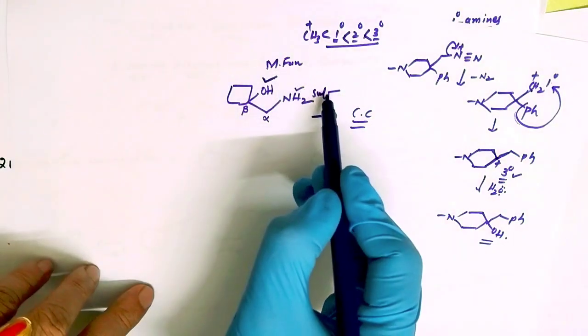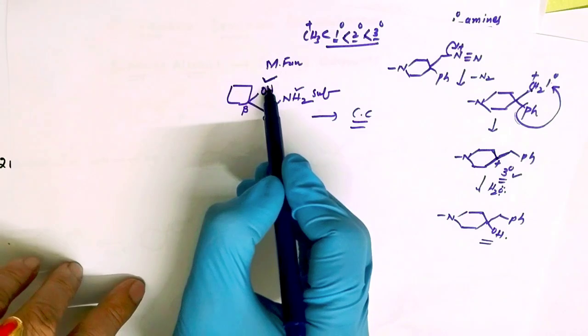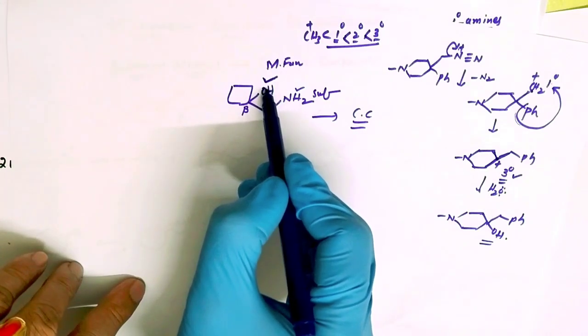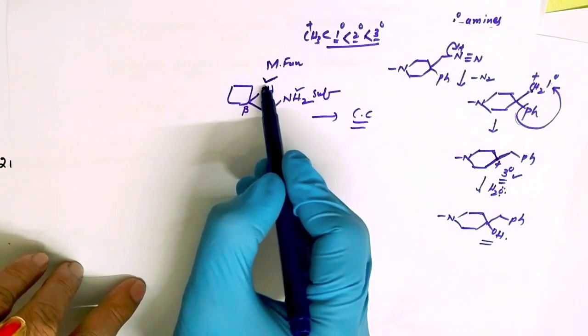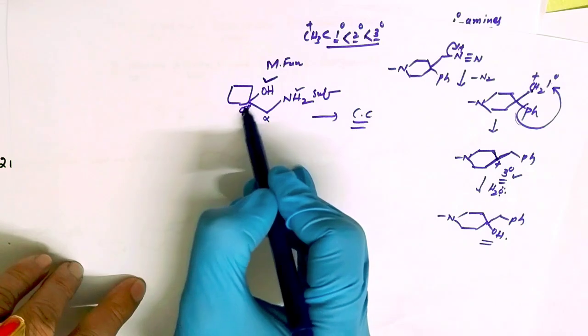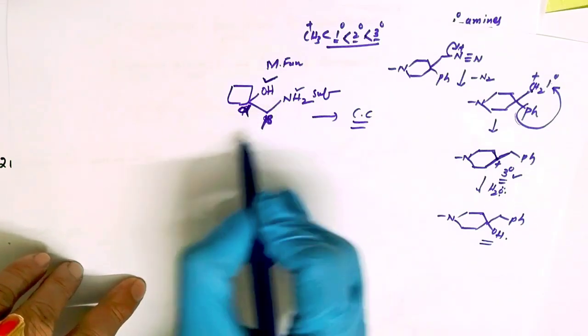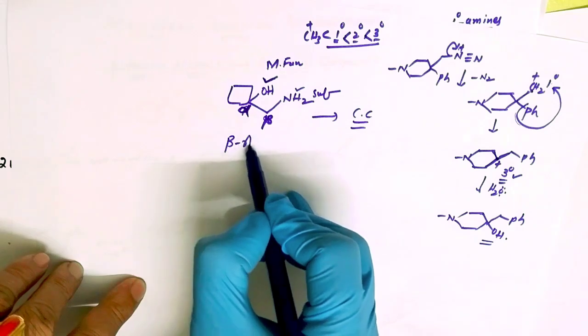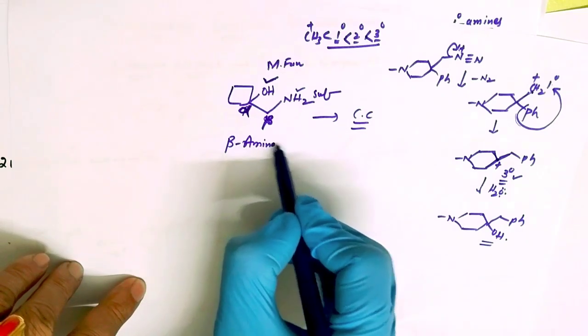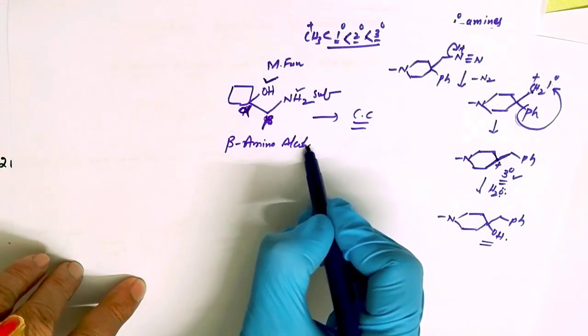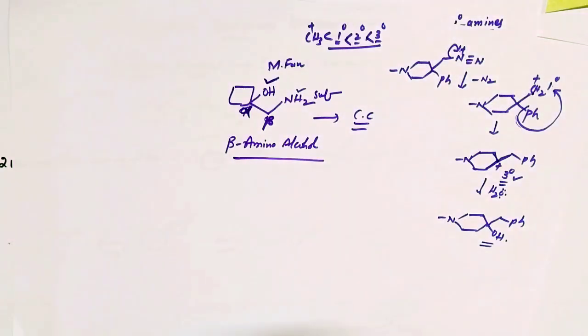If this is the situation, according to the OH, we need to give the designations. So according to OH, this one is alpha, this one is beta. So now the name is beta amino alcohol. This is the real, original name.